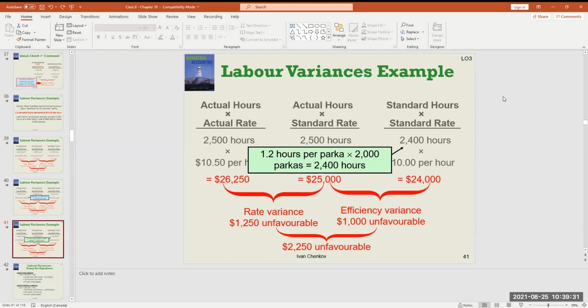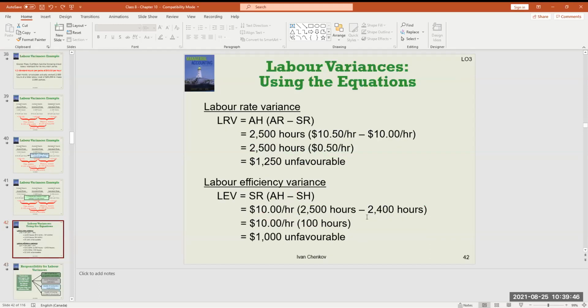And the standard hours we get from the number of units we actually produced times the standard to produce 1 unit. From here, we can do the rate variance and the efficiency variance. If you want to use the formula method, that's how we use it.